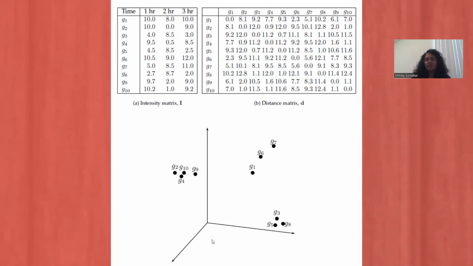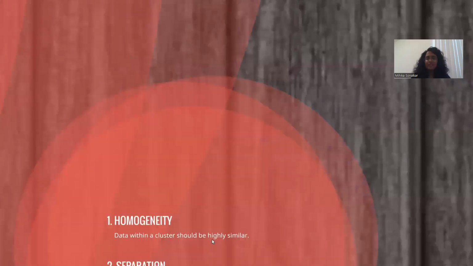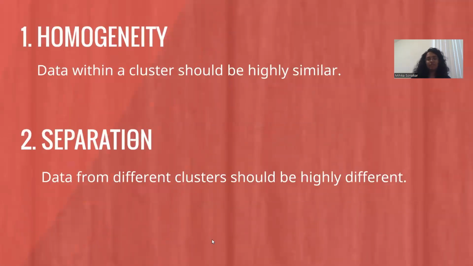The closer they are, they can form a cluster, while the further they are, they can form two different clusters. This is based on two main conditions: homogeneity and separation. As the word suggests, homogeneity means that the data within one cluster should be highly similar, while separation means that the data between two different clusters has to be completely different.